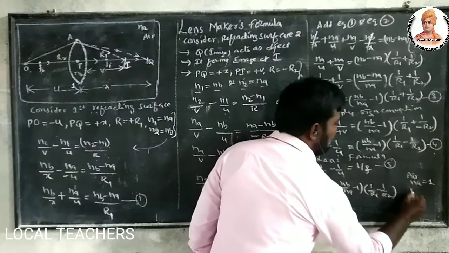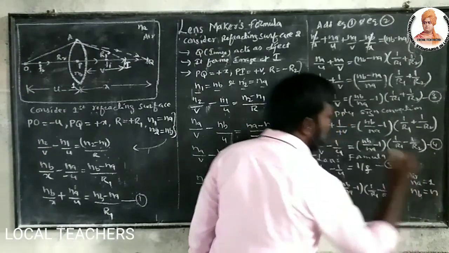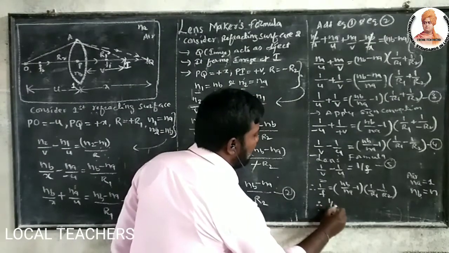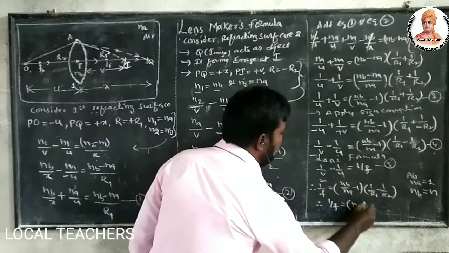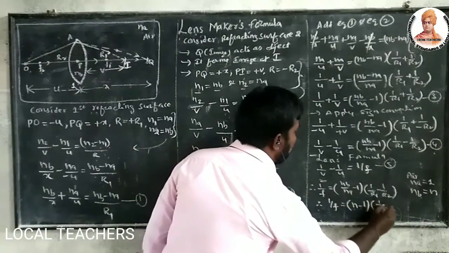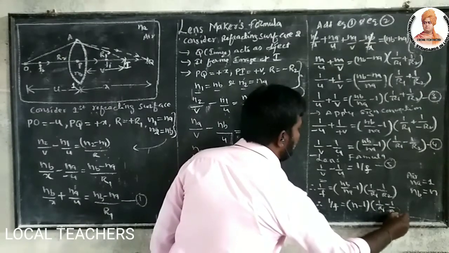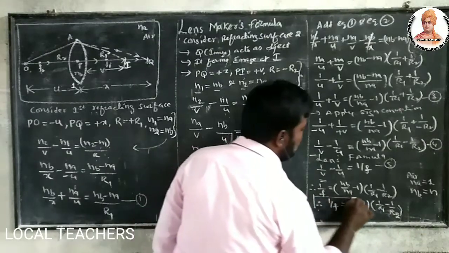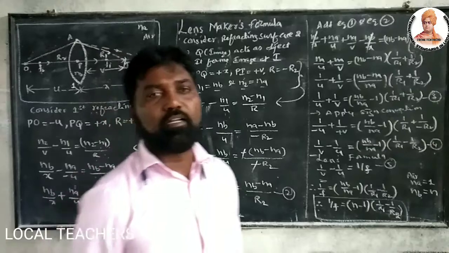So for that single medium I am considering NB equals small n. So finally I can write 1 by f equals n minus 1 into 1 by R1 minus 1 by R2. So this is the lens maker's formula.